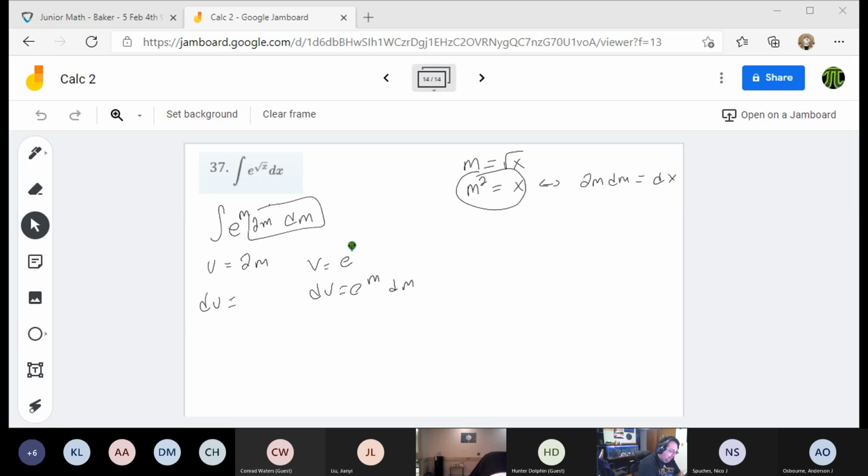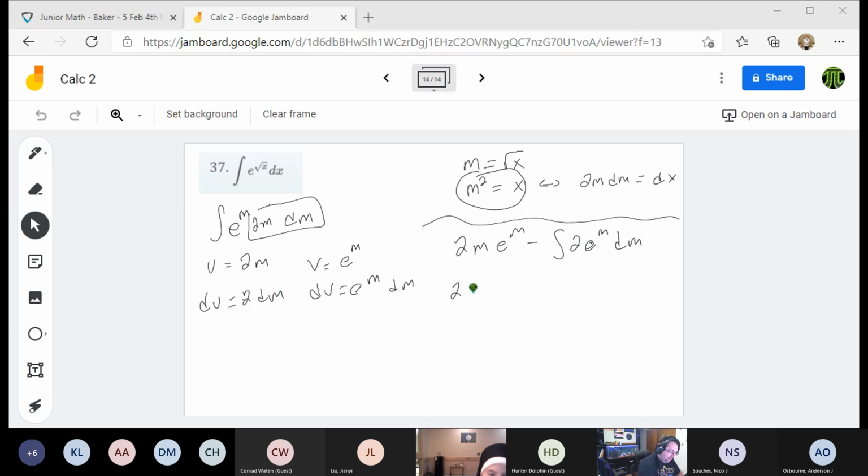So that just becomes e to the m, and this just becomes 2 dm. So my new problem is 2m e to the m minus the integral of 2 e to the m dm.